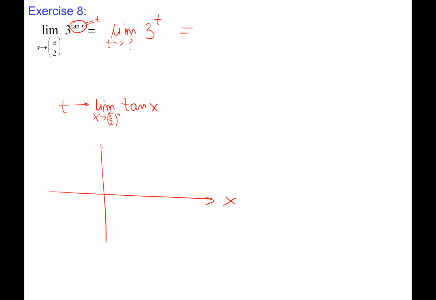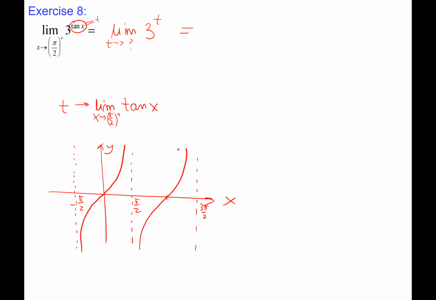Drawing a tangent function, we will see an asymptote at negative pi over 2, positive pi over 2, 3 pi over 2, and so on. Okay? And tangent just looks like that.